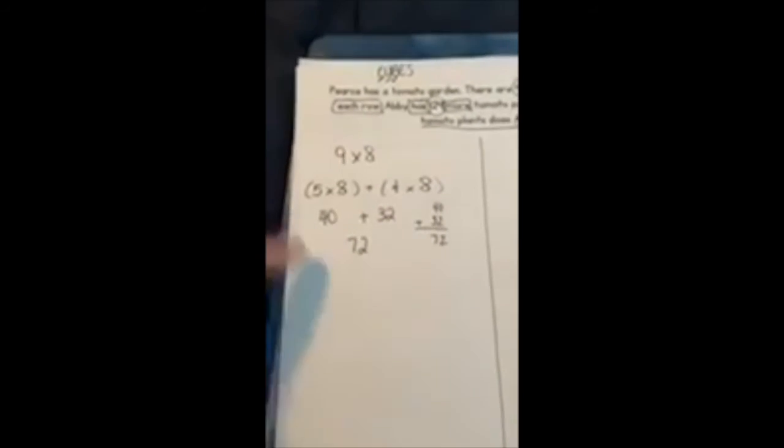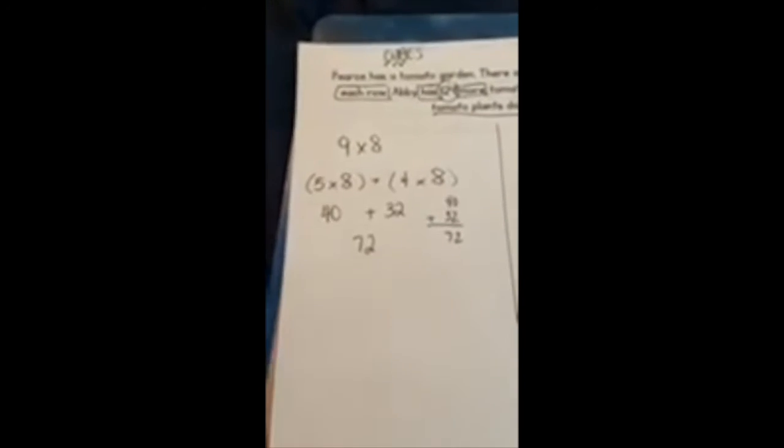So now I know that Pierce has 72, but that is not my full final answer because the question asked me how many tomato plants does Abby have, not Pierce. So Pierce has 72, and I'm going to write Pierce next to this. But Abby has 124 more than what Pierce has.